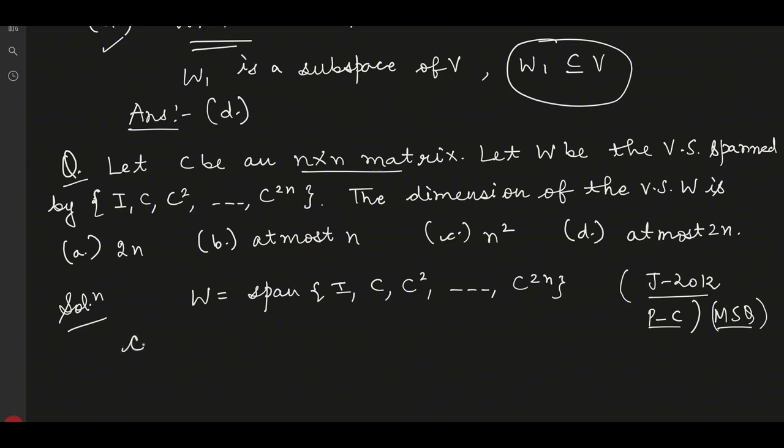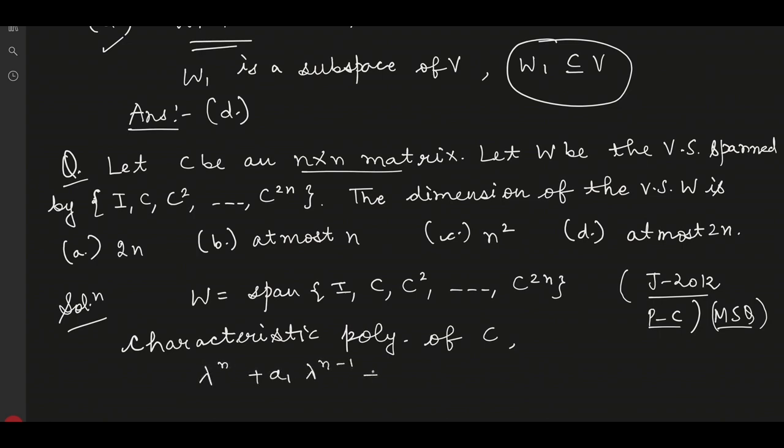So I can write characteristic polynomial of C, of a n cross n matrix basically: lambda to the power n plus a1 lambda to the power n minus 1, a2 lambda to the power n minus 2, so on till an.